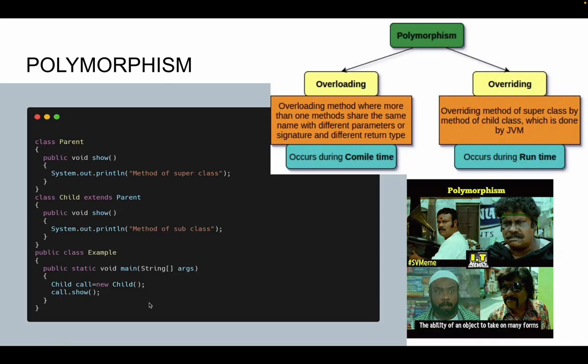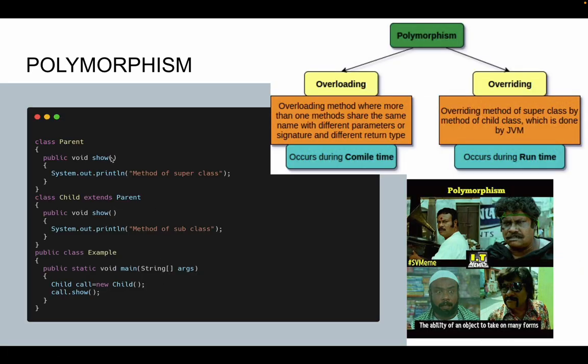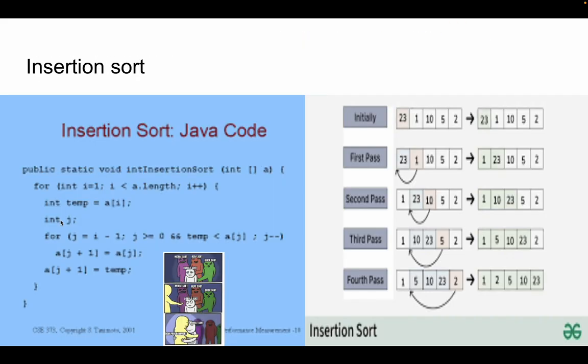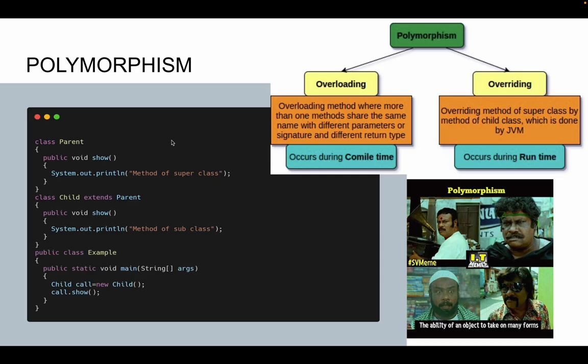But you might ask, how does it choose what method it wants to do? It decides based on the parameters. So say you have two versions of the show method in the parent, one that has an int and the other that has two ints, so two parameters. If you call it here with one int, it'll do the show method with only one int.